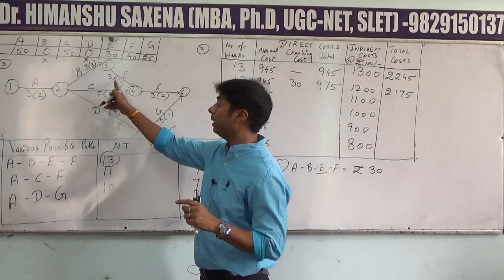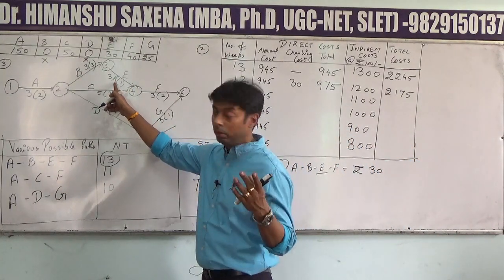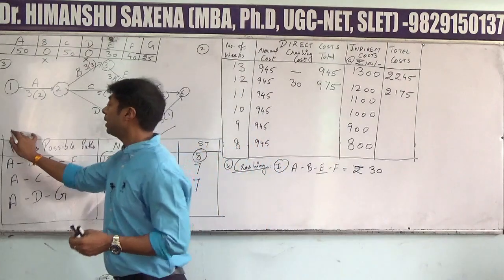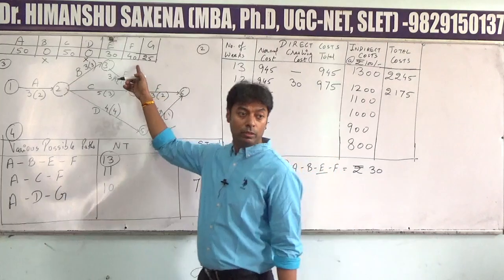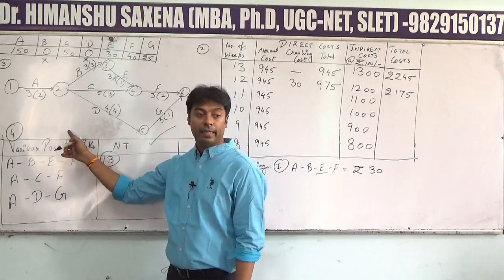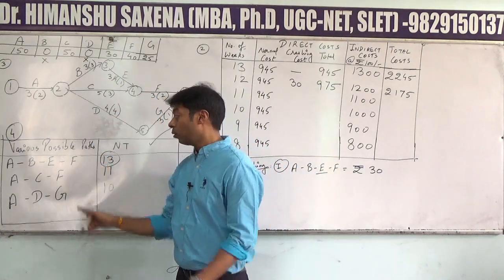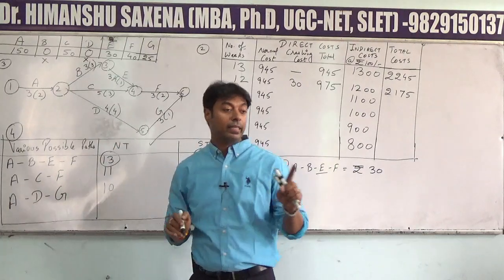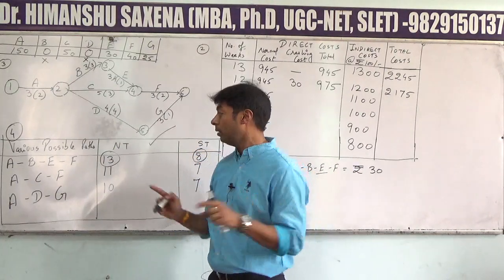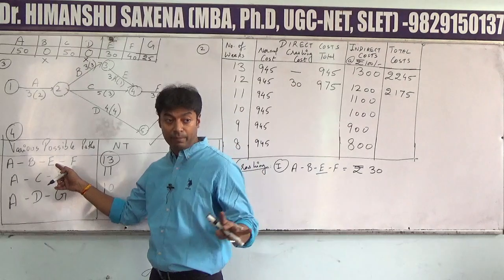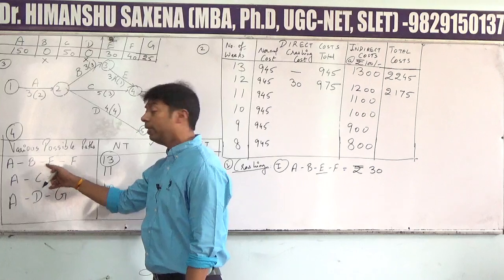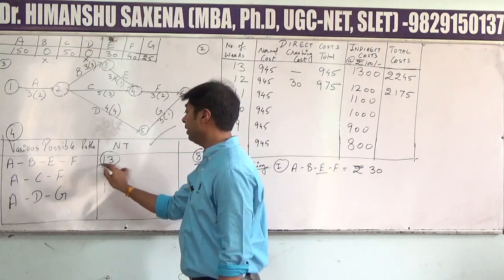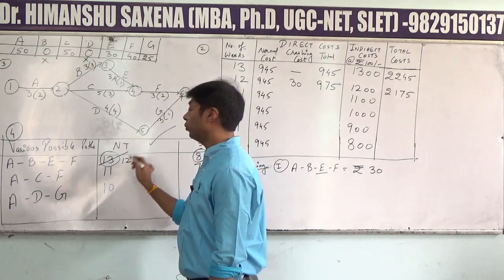So now this activity E will be reduced from 4 to 3, and simultaneously when activity E is reduced, it has to be reduced in the various possible paths table. All those paths having activity E will be reduced simultaneously, but as we see, activity E is lying only in the first path. So it will be reduced from 13 to 12, right?